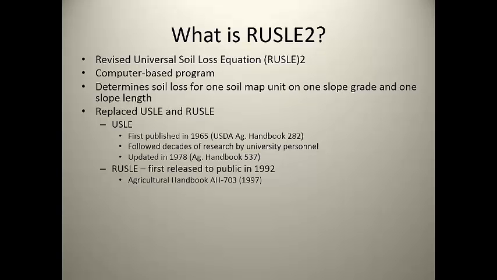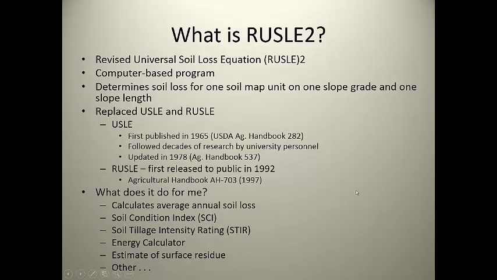And actually, the tool is used around the world. So what does the tool do for me? Well, it can give you an average annual soil loss, the soil conditioning index, which we'll talk about in a little more detail, a STIR factor, and we also have the energy calculator that can be used.